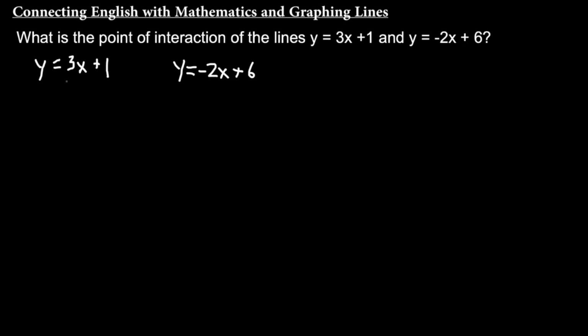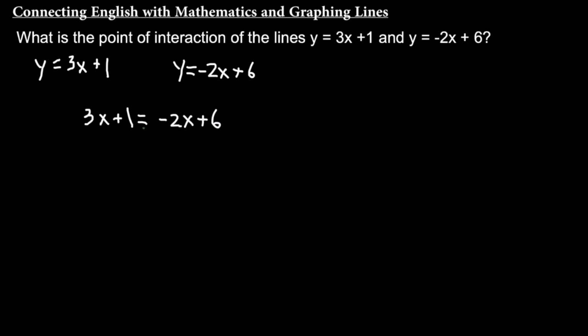On the left side we have 3x plus 1. Remember, this is equal to y. On the right side, this is also equal to y, negative 2x plus 6.